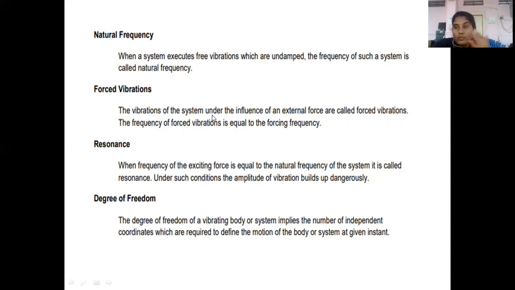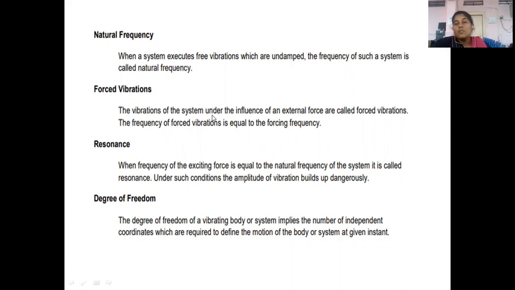See, the system which executes free vibration, that is the first point, and the second is that it is undamped. In this situation, the frequency of such a system is known as the natural frequency. In which system? First, the free vibration, and second, the undamped system.